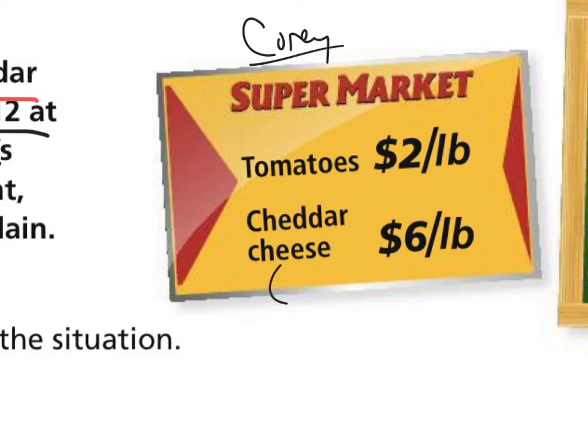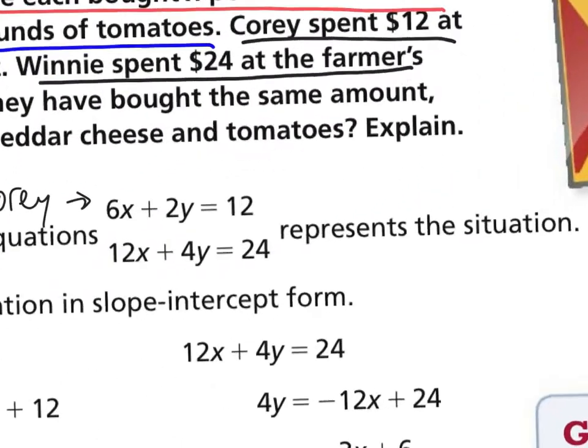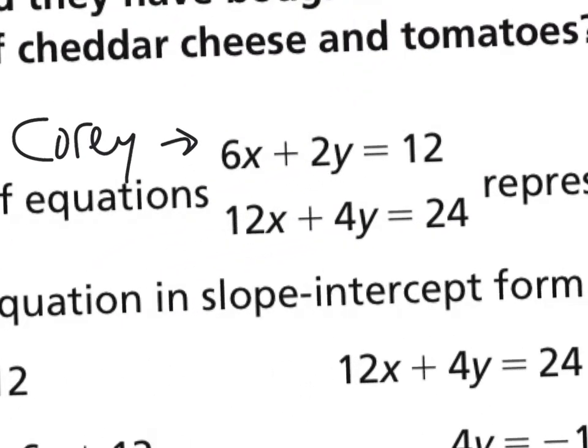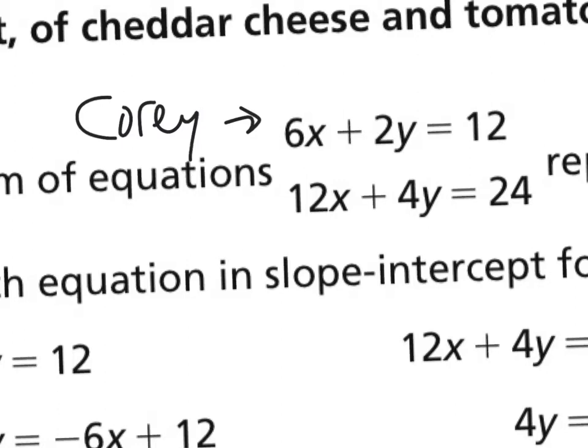So cheddar cheese is x, so that's where they got the 6x from. $6 times x pounds. Tomatoes is y, and that's $2 a pound. So $2 a pound times y, that's where they got the 2y. And Corey spent $12 altogether. So 6x plus 2y equals 12 for Corey.